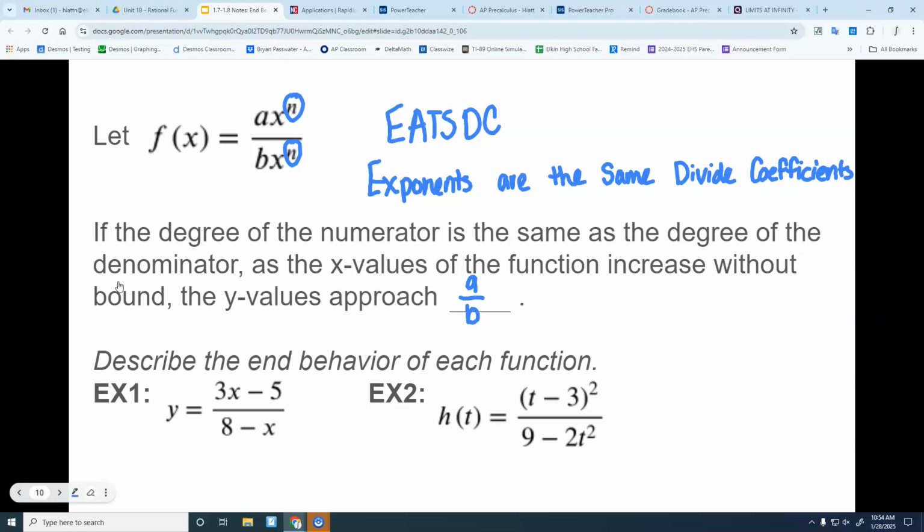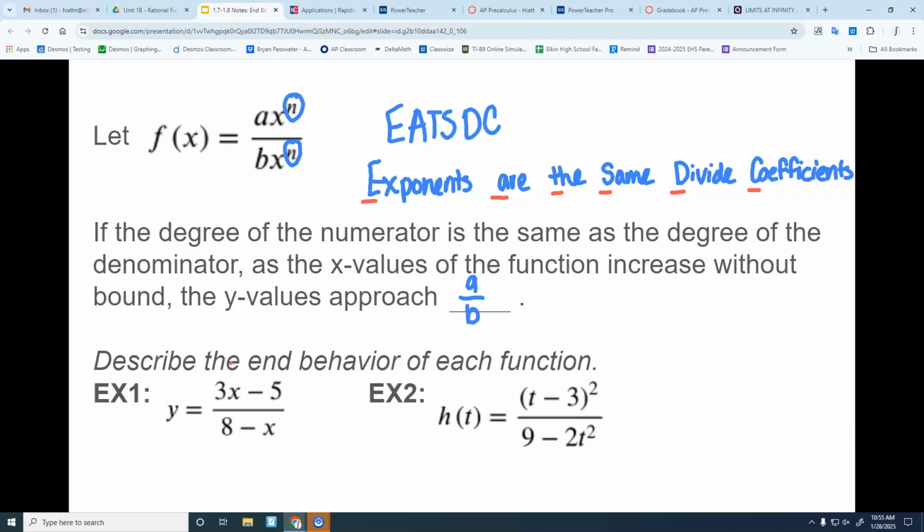Right, so there we've got exponents are the same, divide coefficients. That's our ECC. So Bobo is bigger on bottom, 0. Botno is bigger on top, not 1. That means it'll be positive or negative infinity. And then EATS DC is exponents are the same, divide coefficients.